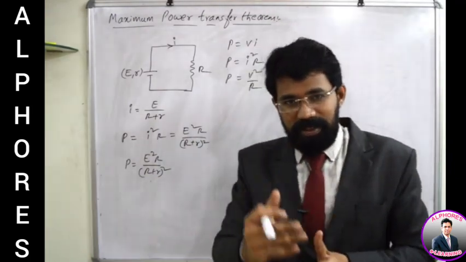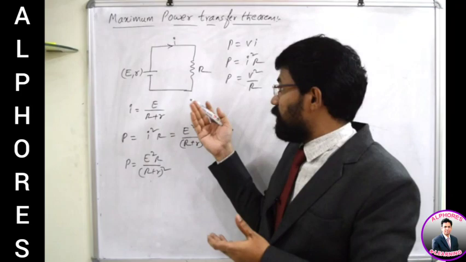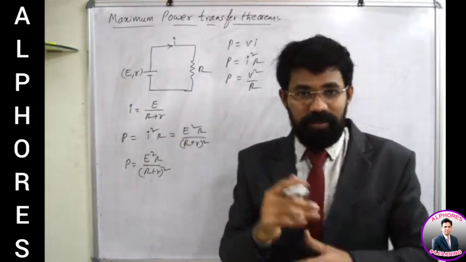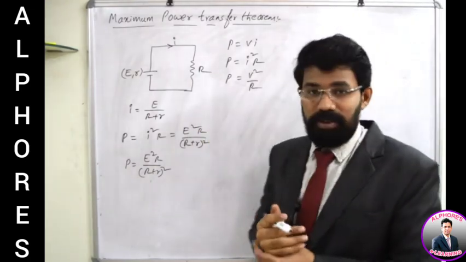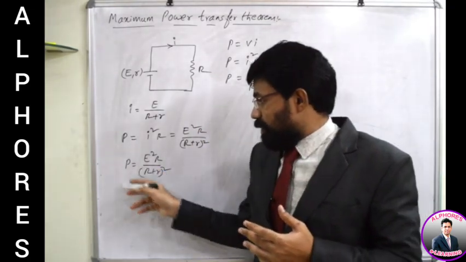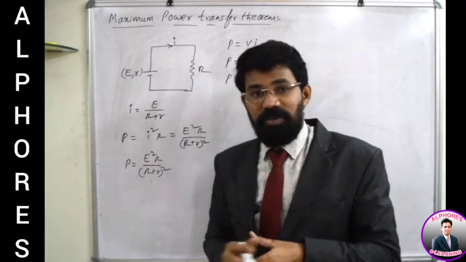You can either increase, you can decrease, or you can take this external resistance equal to internal resistance also. This is in your control. So if you change capital R from this equation, it is obvious that power dissipation will change.